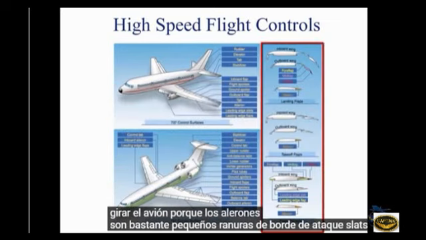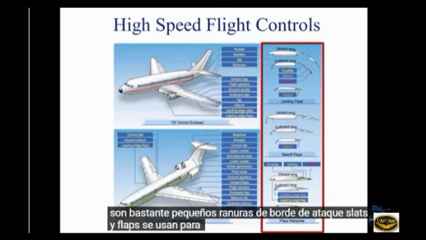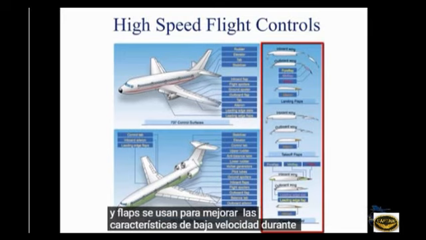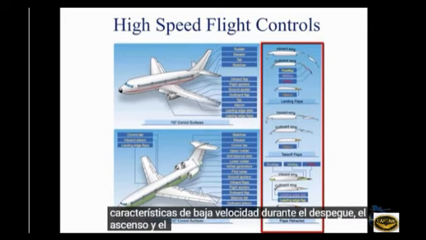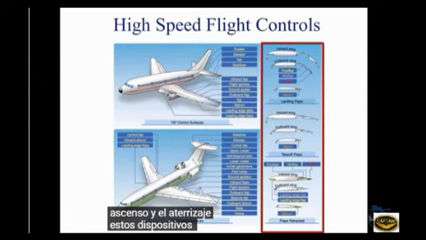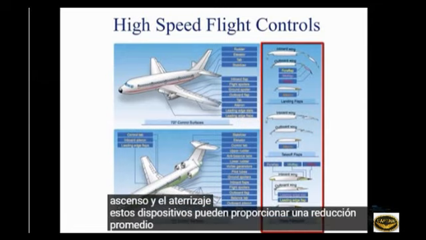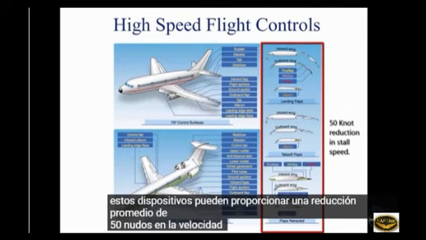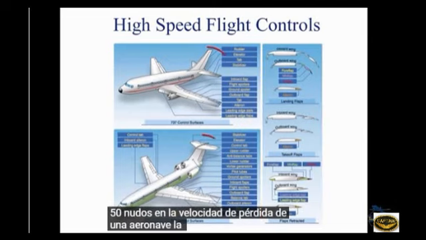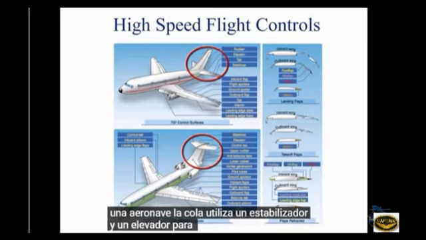Leading-edge slots, slats, and flaps are used to improve the low-speed characteristics during takeoff, climb, and landing. These devices can provide on average a 50-knot reduction in the stall speed of an aircraft. The tail uses a stabilizer as well as an elevator to allow the elevator to rest in the neutral position and have full deflection in either direction even when the aircraft is trimmed.